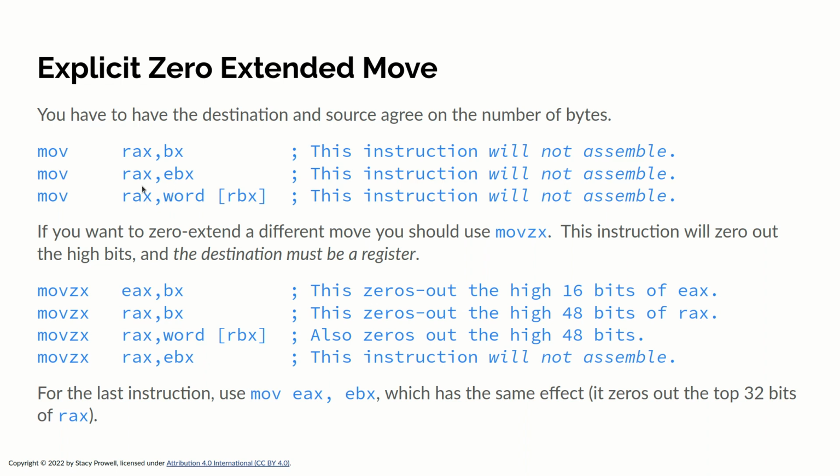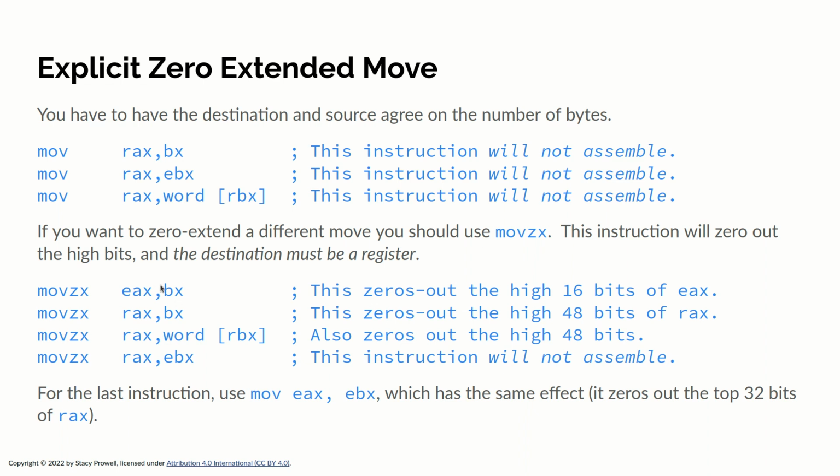If you would like to take something like this and put it in the larger register and zero extend it, there is an instruction that will, in fact, do that. And it's movzx, move zero extended. Okay, this will explicitly zero out the high bits. So now I can do this.